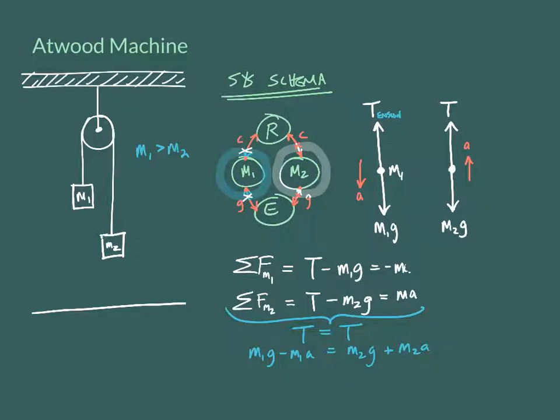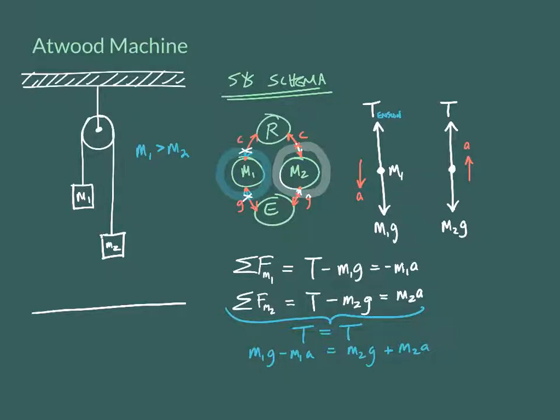So excuse me while I correct what I left out initially. There we go. Now that's a correct set of equations. So we've eliminated tension in the rope, and now we have this new equation that we can do some stuff with.